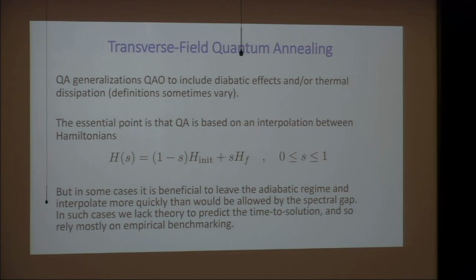So this idea that the runtime of the algorithm scales with the inverse of the minimum spectral gap is sufficient but not necessary to be in the ground state at the end of the evolution. But the problem with these more general proposals of quantum annealing is that we lack such a nice theoretical quantity like the spectral gap that predicts the time to solution. And so most studies of quantum annealing that are not matched with quantum adiabatic optimization rely on empirical benchmarking.